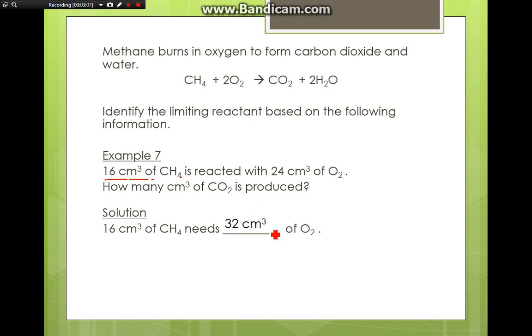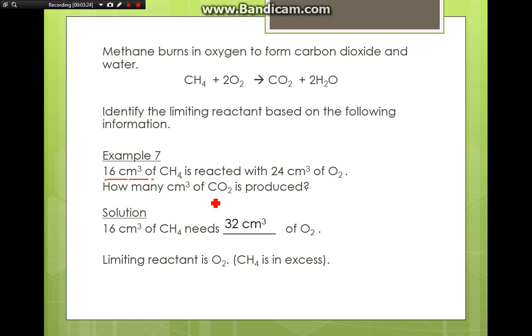We needed 32. We have only mixed in 24. So there is not enough oxygen. Oxygen will be your limiting reactant in this mixture.